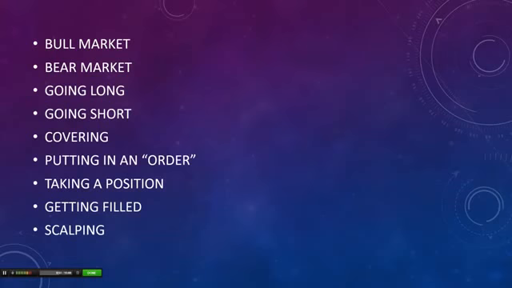And finally, the last term for this part 1 series of penny stock trading jargon is scalping. Scalping is almost a trading strategy. It's a type of trading style where all you're trying to do is make a few cents a share, with very fast trading, just trying to get a little bit of profit.